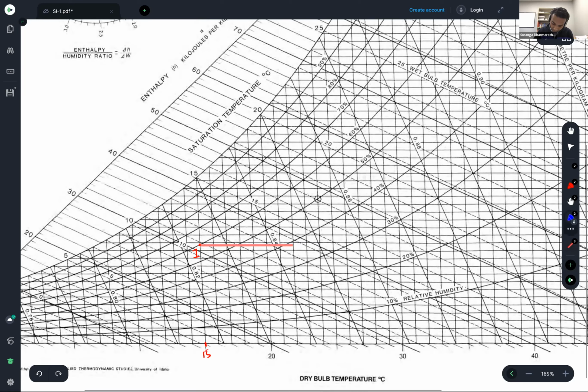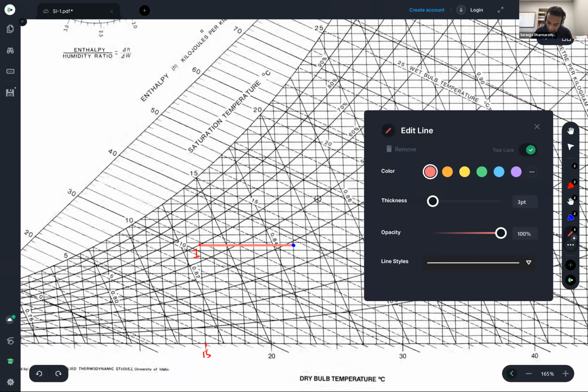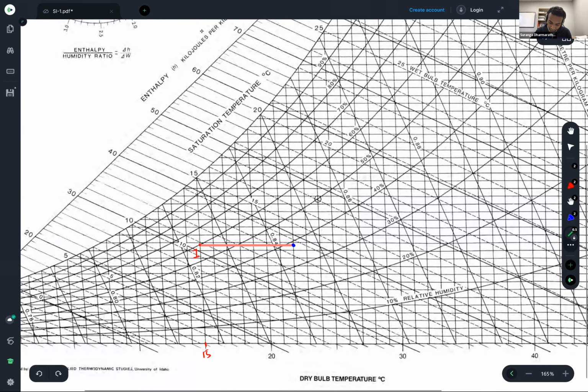So 20 degrees Celsius is here. Okay. And then I'm going to reduce the thickness. That's at 20. Okay, 20 degrees Celsius is not there. I just need to erase a little bit of this one and this point as well.